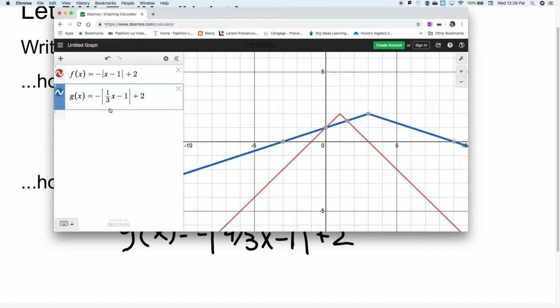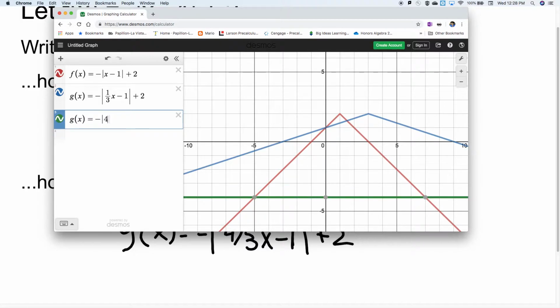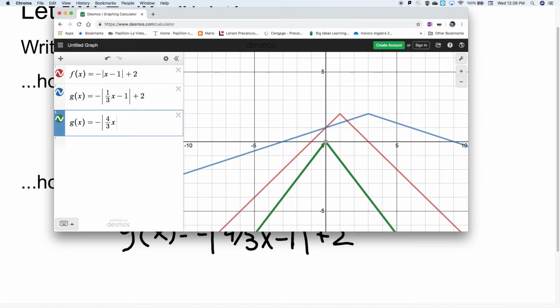If you do a horizontal shrink by 3/4, so I'll do g of x equals negative absolute value 4/3 x minus 1, plus 2. What changes about your v?